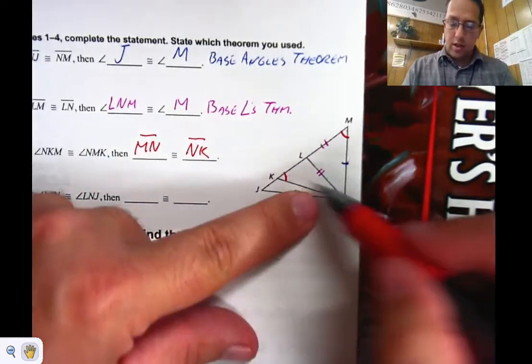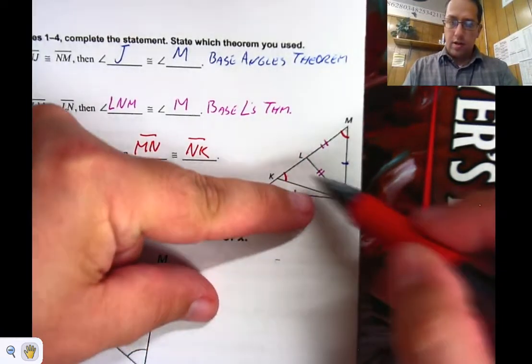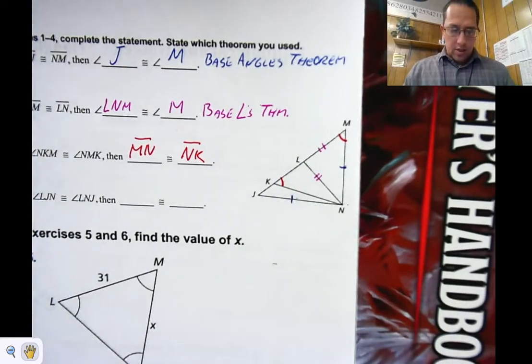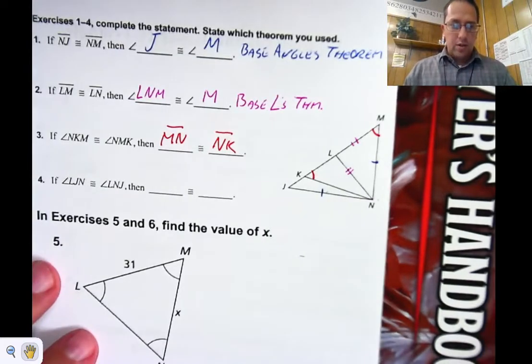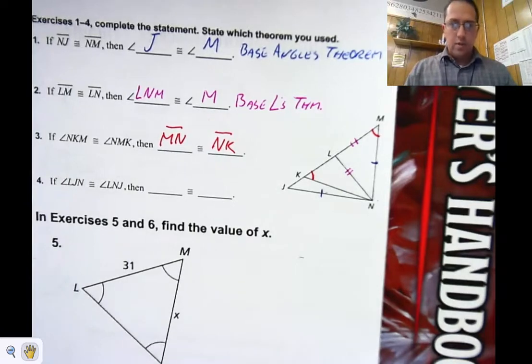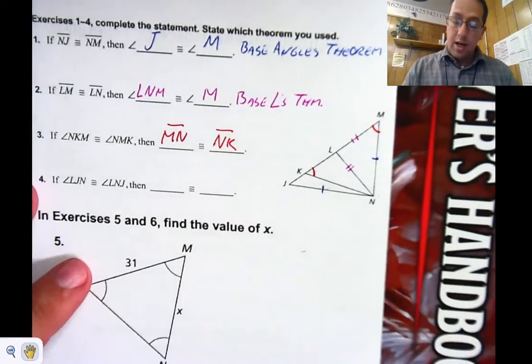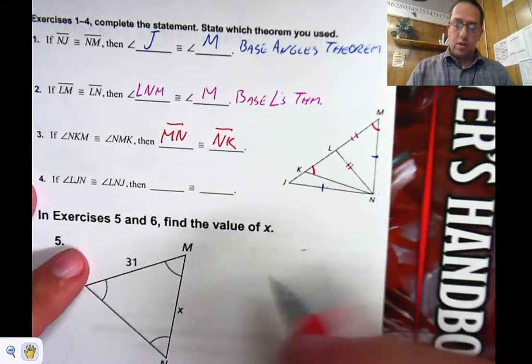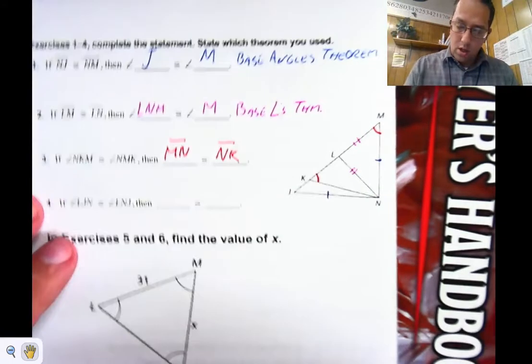Because we are in this triangle right there. Okay. Let's take a look at number 4, our last one. Oh, wait, we didn't state our theorem. This was not the base angles theorem. This was the converse to the base angles theorem, because this one started with the angles.